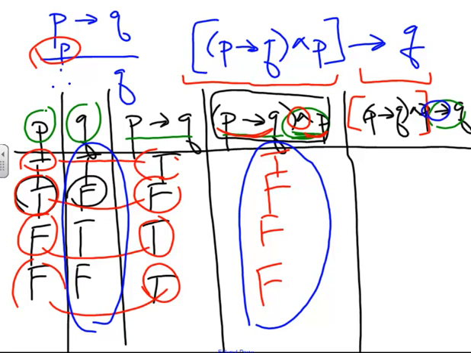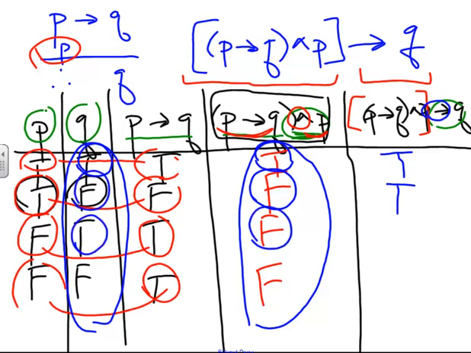A conditional is false only when the first part is true and the second part is false. Here's the first part, true. True then true would be true. If the first part is false, you always have a true, regardless of what this is. False, then true, again we have a true. And then false, false, we have a true.